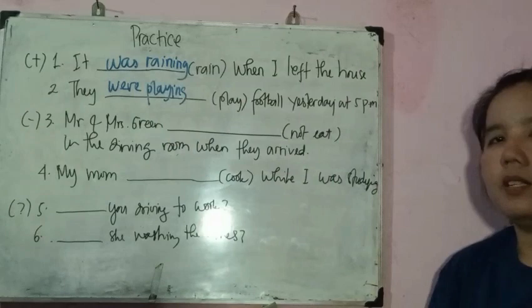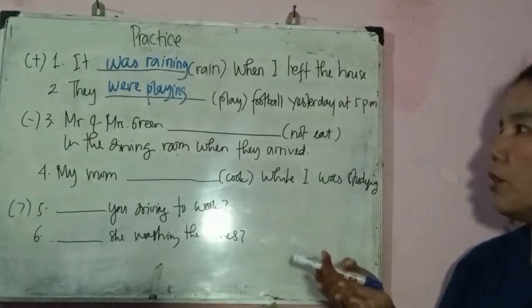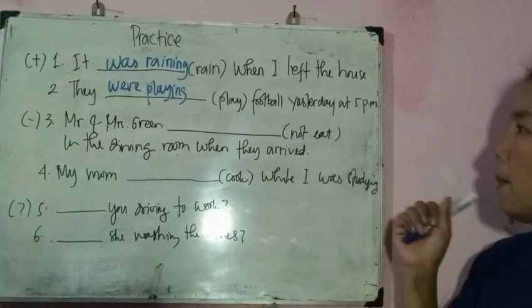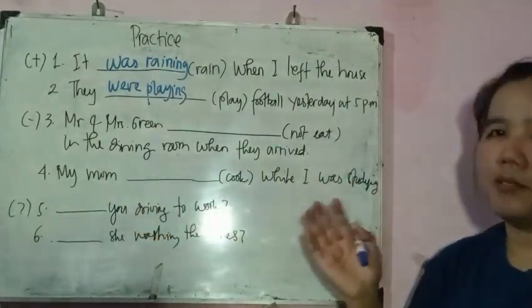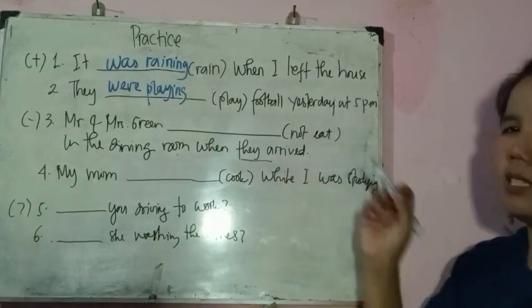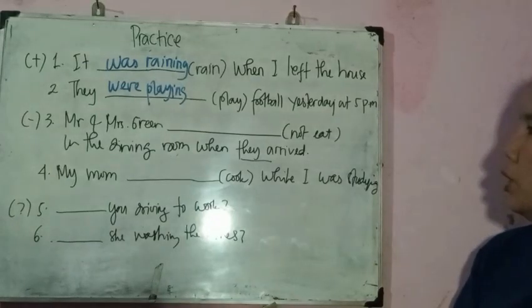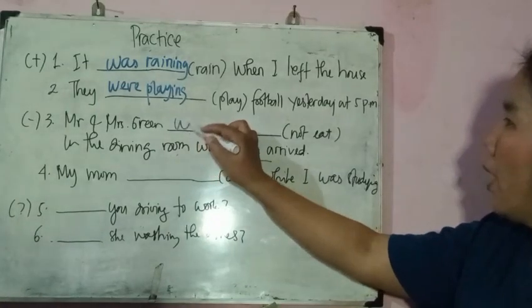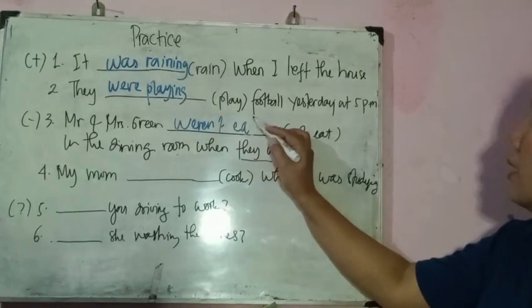Number 3, we make it into a negative sentence. Mr. and Mrs. Green in the dining room when they arrived. Okay, maybe this is their friends. Okay, so we put weren't eating.